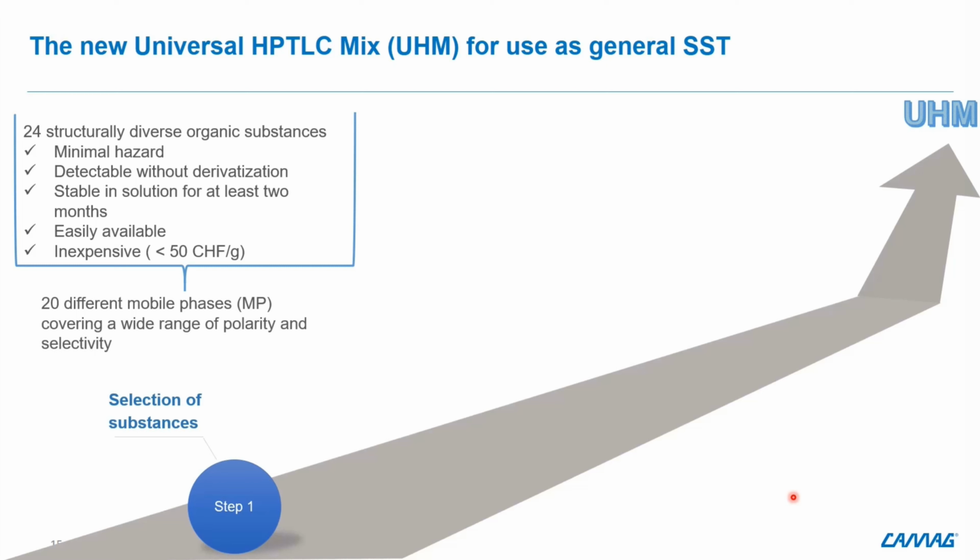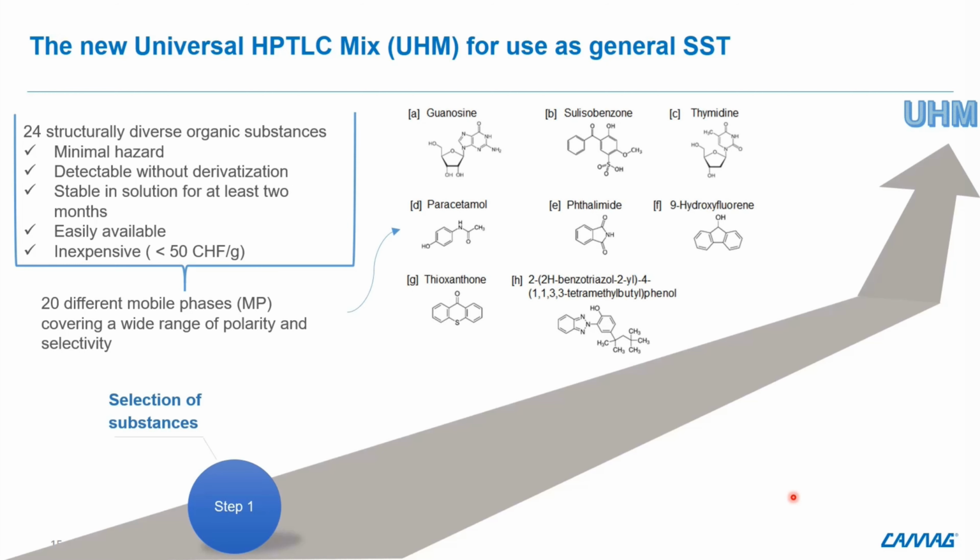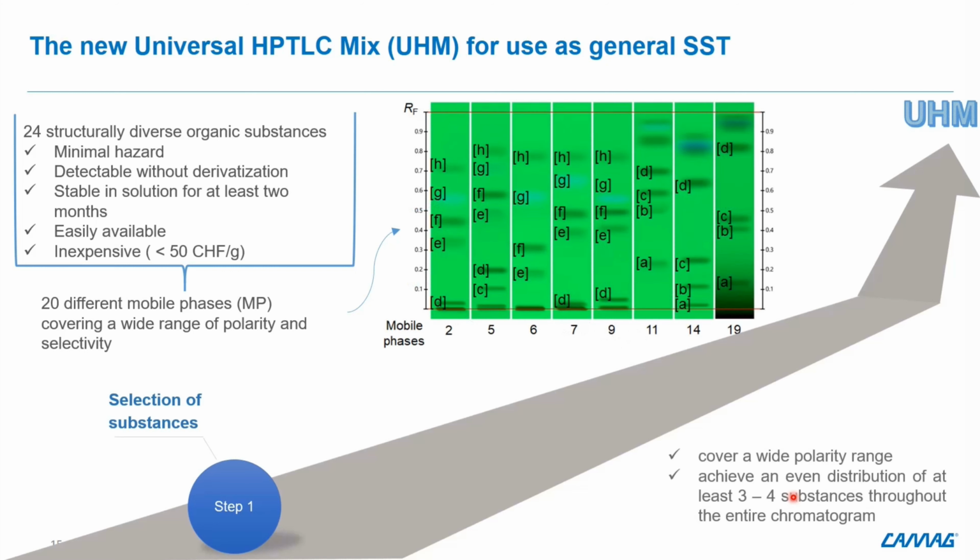And at the end, a mixture of 8 substances was selected. It is suitable to be used with different developing solvents. At least 3 to 4 substances can always be seen in UV254 with a distribution over the entire chromatogram.